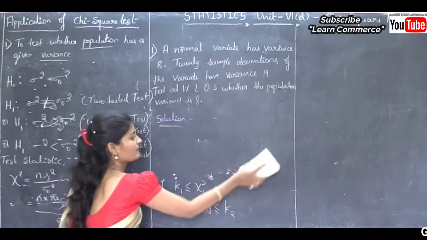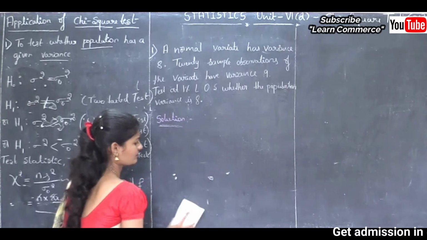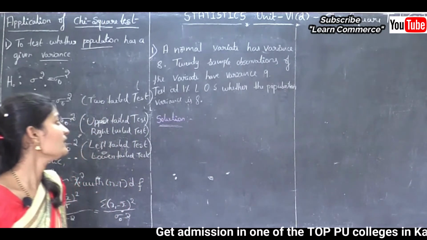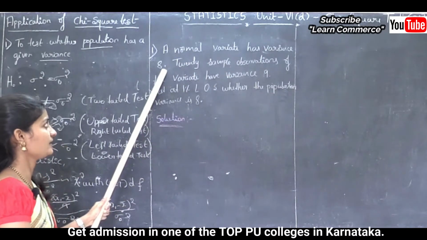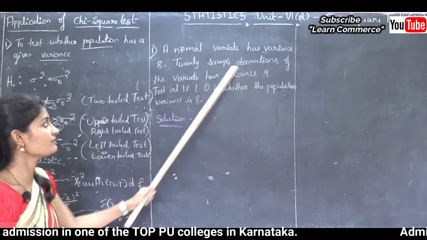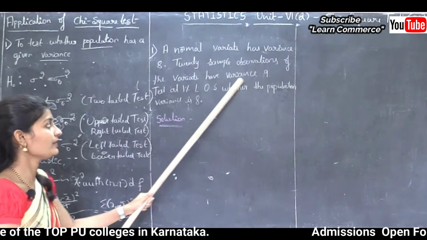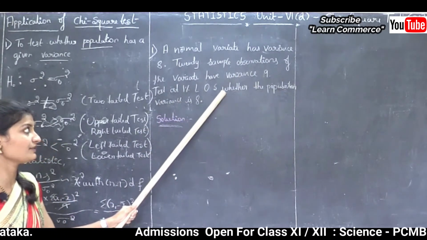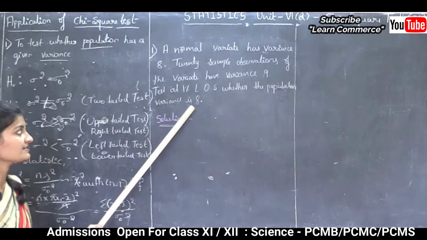First problem. See the question. The question is, a normal variate has variance 8. 20 sample observations of the variate have variance 9. Test at 1% level of significance whether the population variance is 8.